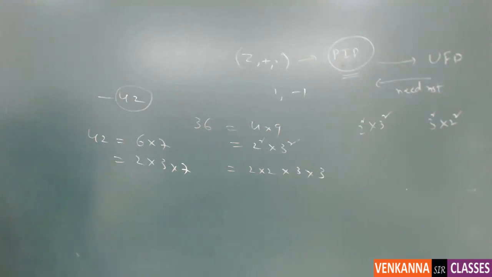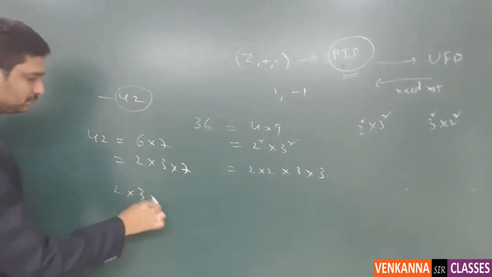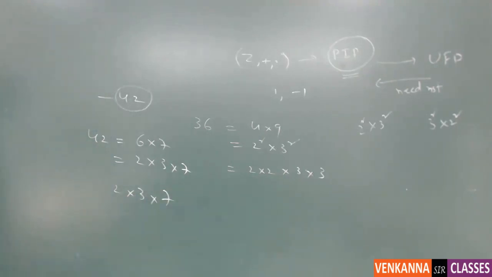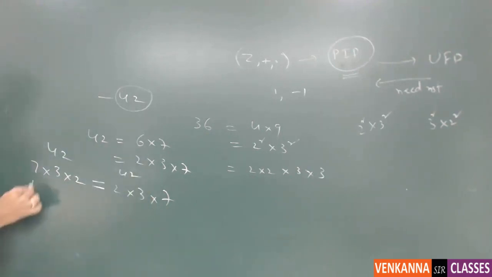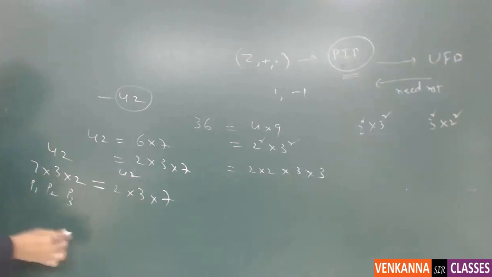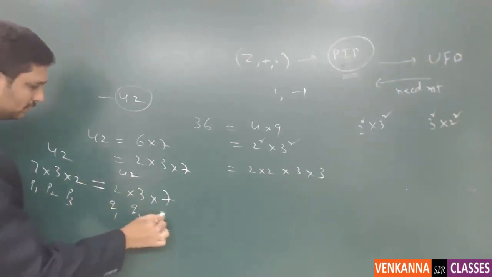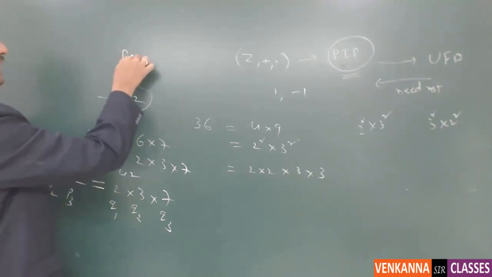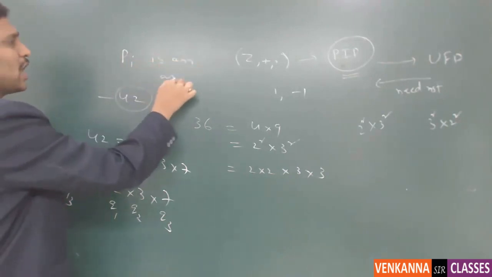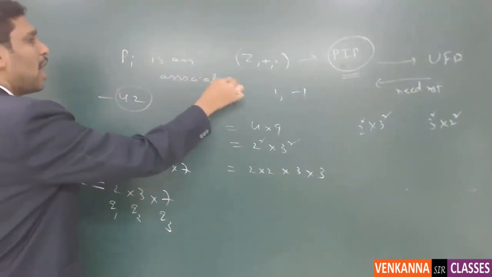Whenever you write the factorization, what I am saying here is, this is one type of factorization, this is another type of factorization. Both are equal for the same element, accepted? We can write it as P1, P2, P3. Here you can write it as Q1, Q2, Q3. Agree? Now see what happens. Here we are saying that Pi is an associate of Qj.